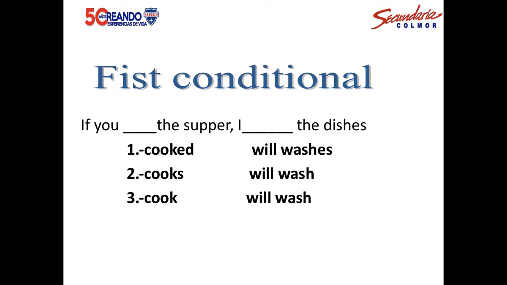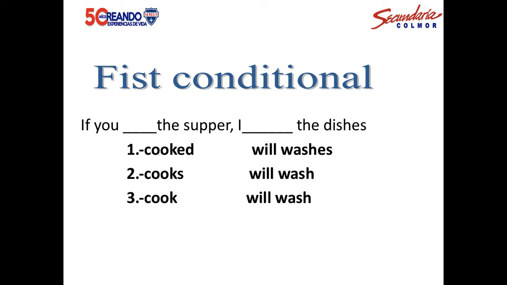Are you ready? Okay, let's start with the first activity using first conditional. We have here a sentence and we need to complete it. And we have, again, three options. Number one is "cooked, will washes," number two, "cooks, will wash," and number three, "cook, will wash."